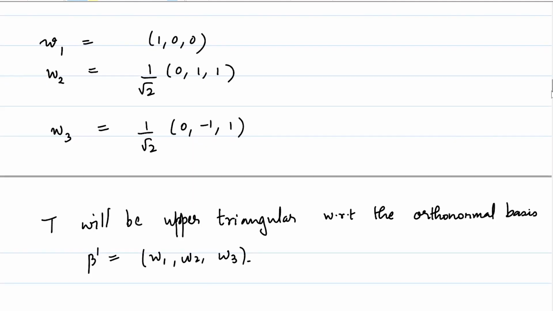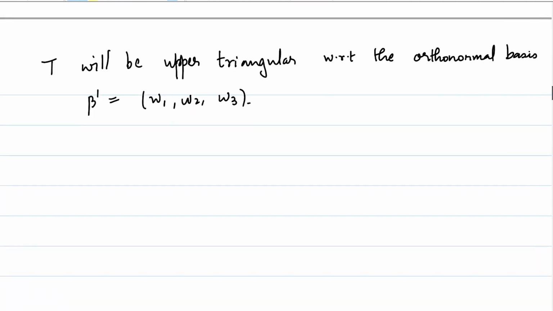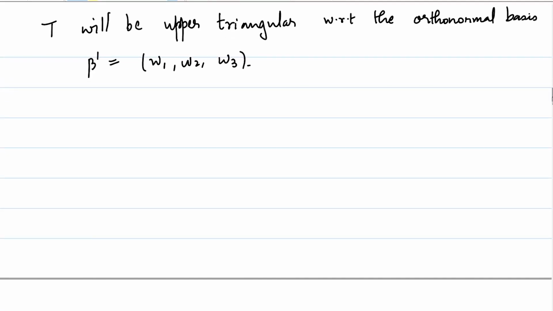So I don't even have to sit and compute what the matrix of T will be. Of course, we can't do that because we don't know what T is. But nevertheless, from the theory that we have developed and from the abstract mathematics that we have already seen, we can conclude here that T will be upper triangular with respect to this orthonormal basis.